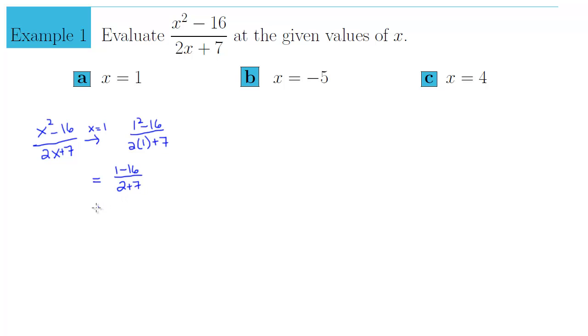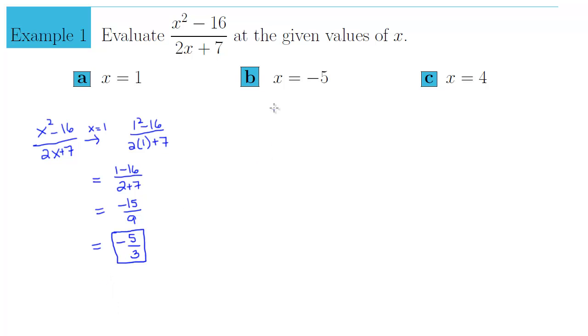Continuing to simplify, 1 minus 16 is negative 15, 2 plus 7 is 9, and this is reducible because we can divide 3 into the top and the bottom, which gives us negative 5/3. Therefore, we say that our rational expression when x equals 1 is equivalent to negative 5/3.